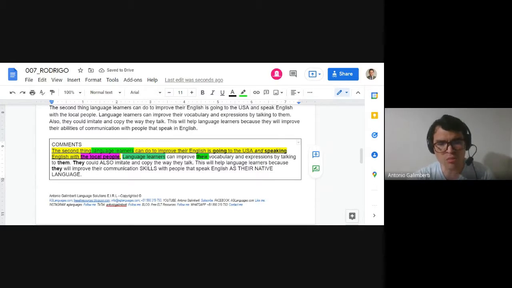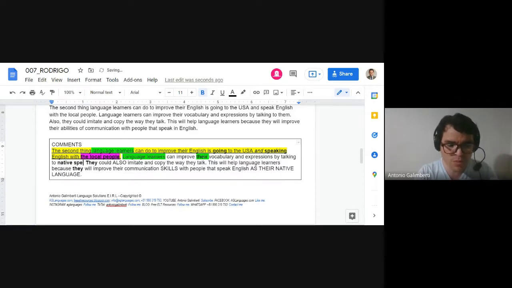So to avoid this problem and to avoid confusion, it's a good idea to paraphrase key phrases, key words, so that confusion is avoided. So in this case, you can say something like: language learners can improve their vocabulary and expressions by talking to native speakers of English in the US.